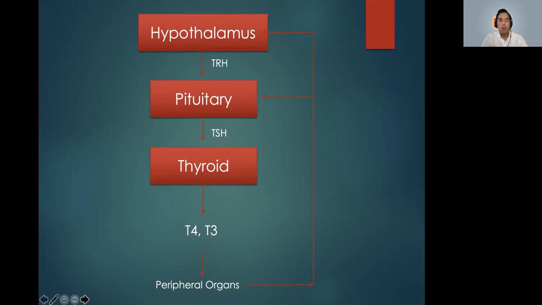TSH then binds to the thyroid gland to induce the production of thyroid hormones, mostly T4 and T3. Thyroid hormones will then bind to peripheral organs and send a feedback signal back to the hypothalamus and pituitary, completing the feedback loop.